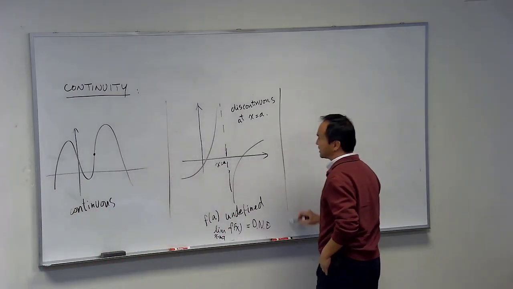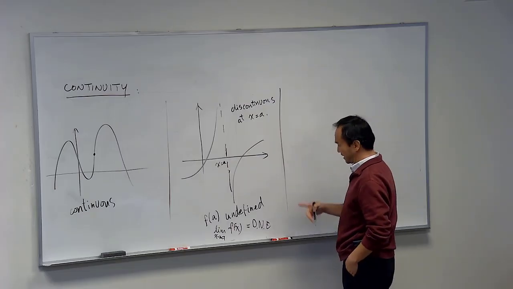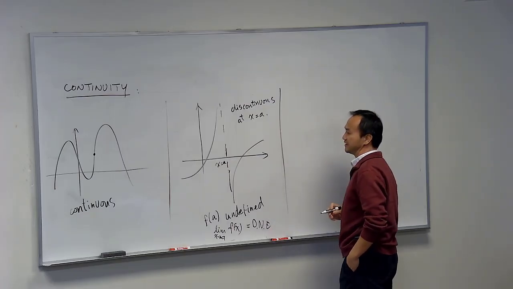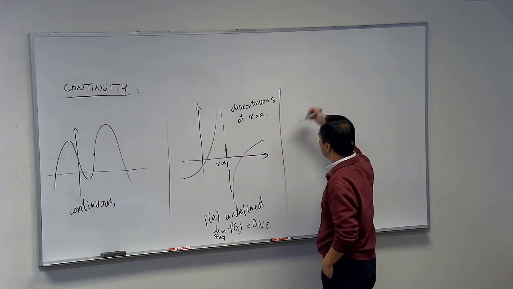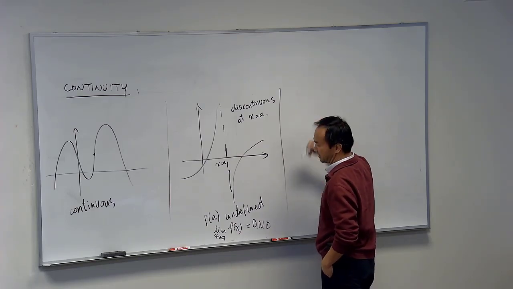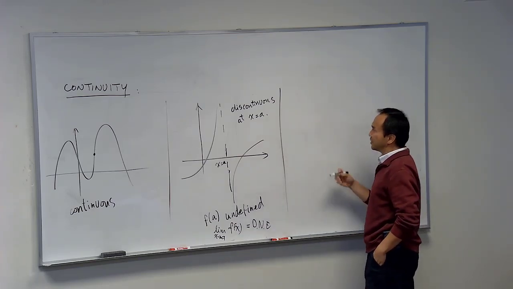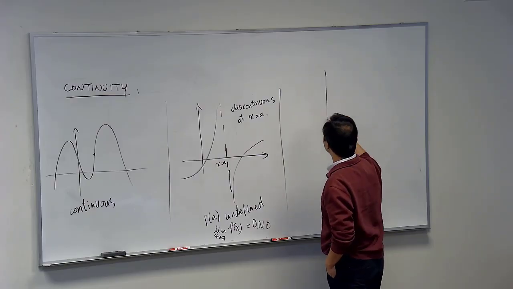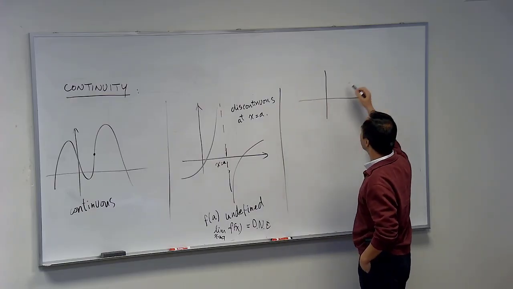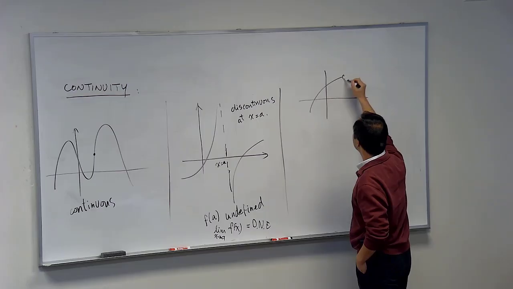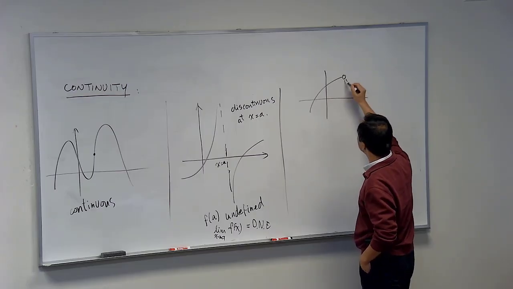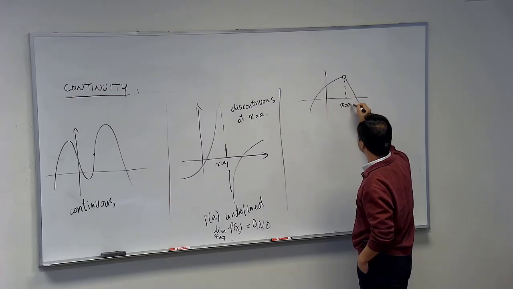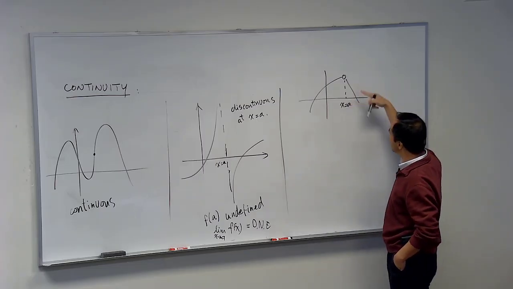And there are a few other cases, and once again, I brought this up in the earlier lecture, but we want to have a closer look so that we can come up with an actual definition. There could be times where you're drawing your graph, and at some a value, some x equals a, we do have a limit.